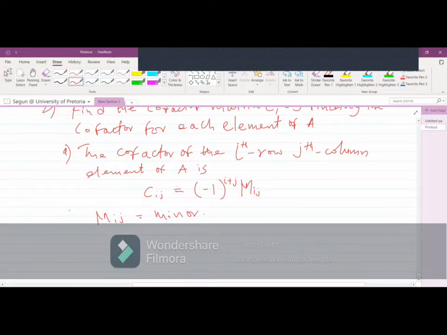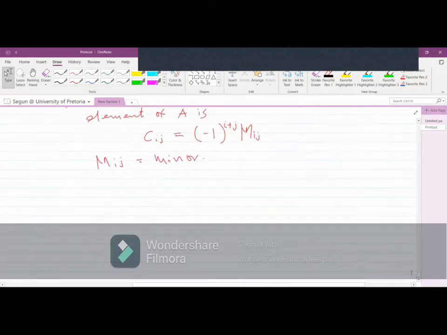And number 3, the third step, which is we are to find the adjoint of A. Then the adjoint of A is like this.